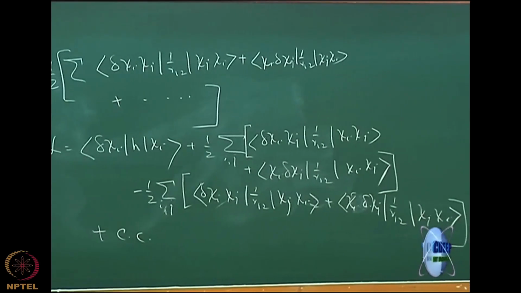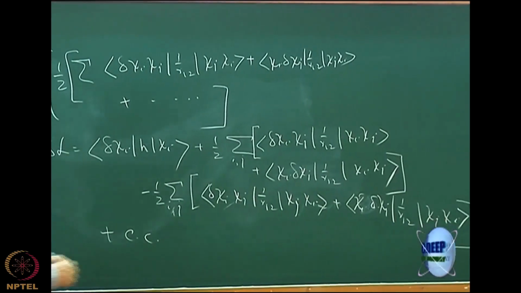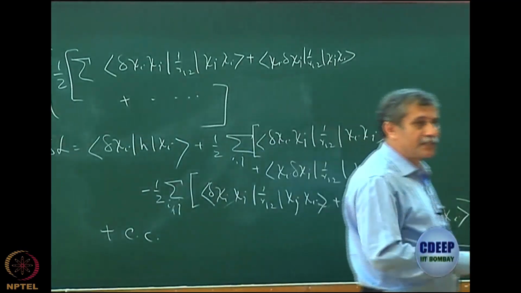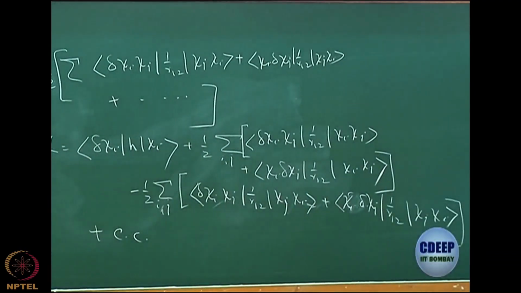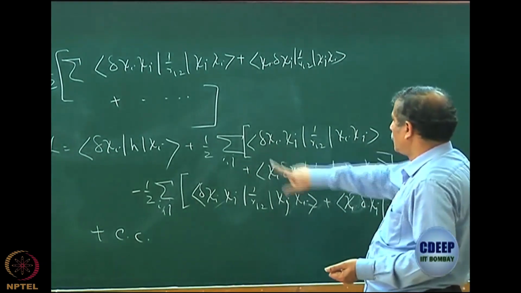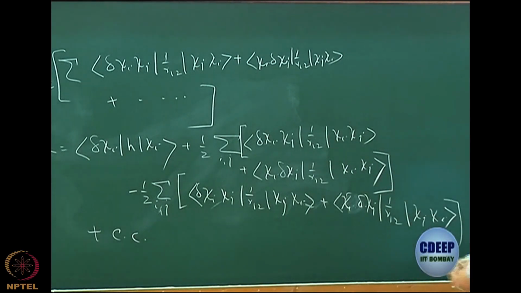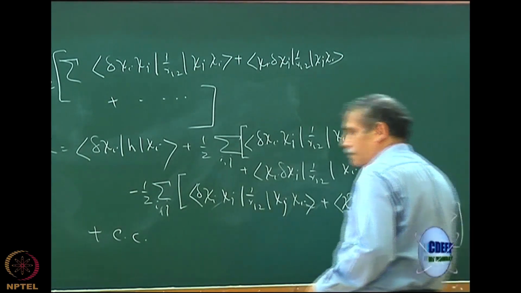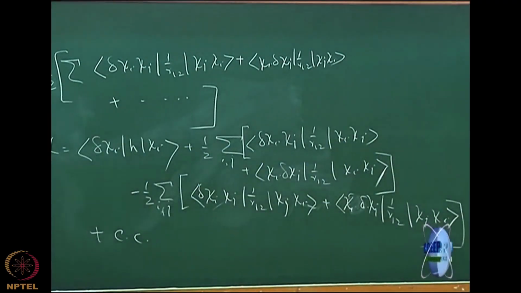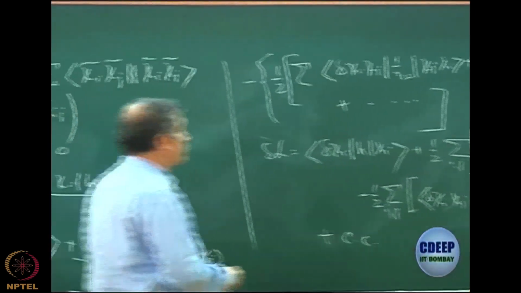You just have to be careful in that. There is nothing great about it. You just have to ensure that the indices are right. So I am changing the first one and the second one. These ones I am not changing. Lambda, sorry. Here also the lambda is there similarly, of course.